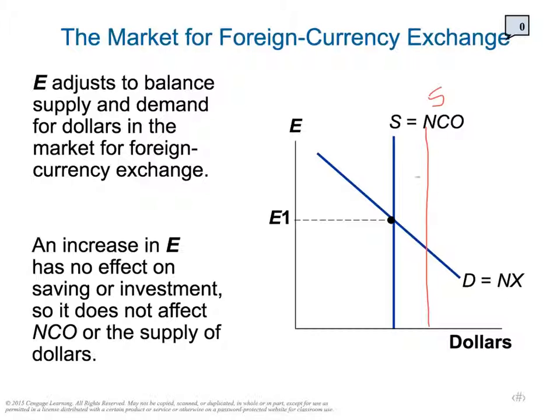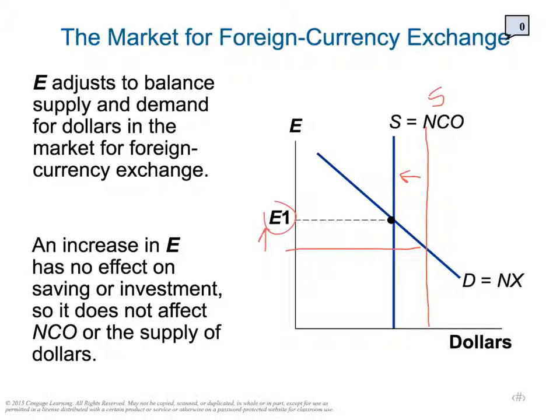And so it moved back, and the exchange rate does in fact go up. So the exchange rate adjusts to balance supply and demand for dollars in the foreign currency exchange. Okay?